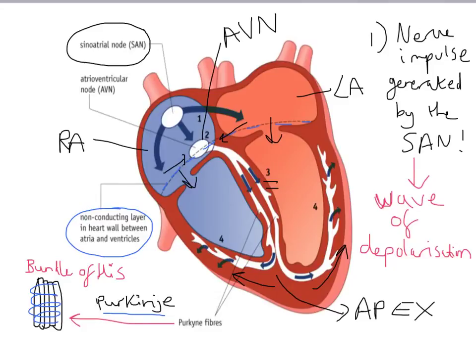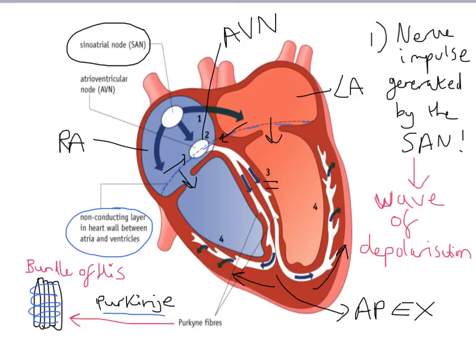And when it travels up the wall of the ventricles, it initiates ventricular systole, or ventricular contraction. And that ultimately is how the heartbeat is coordinated. That's it, those simple steps.